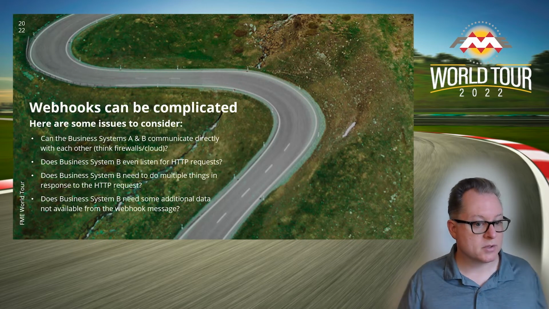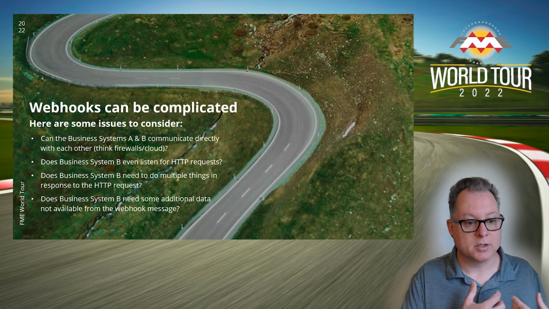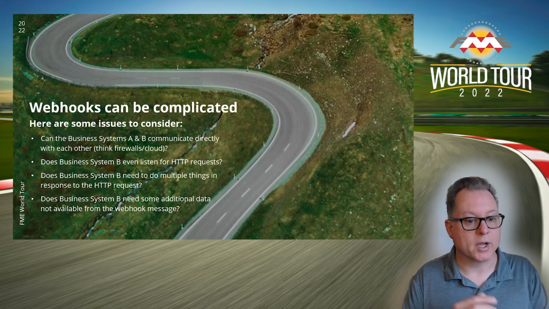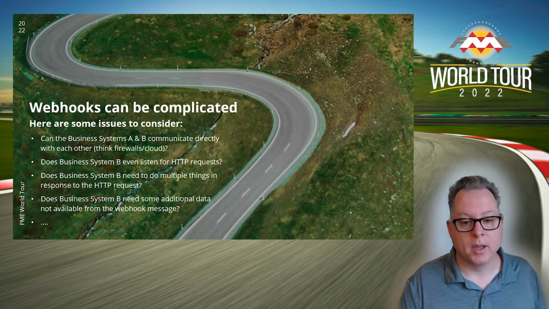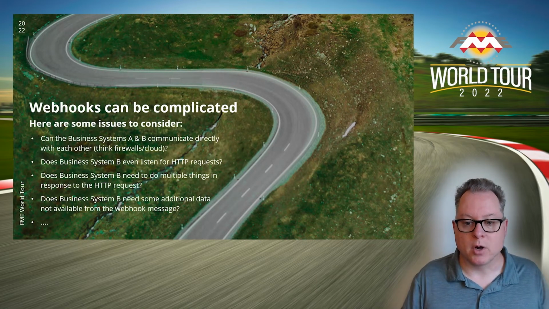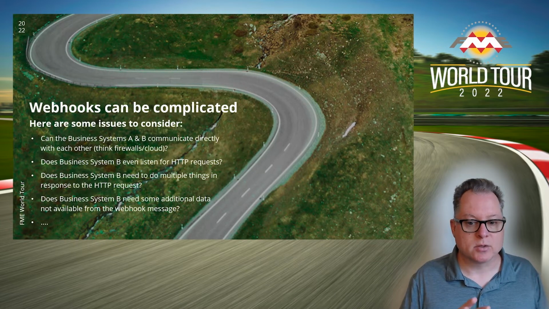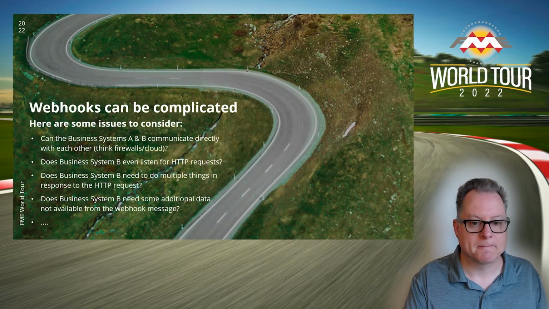Or maybe does business system B need more data from yet another system to combine with the webhook message before it can do something with it? And there are other issues as well. In the real world, these problems are often overcome by writing custom programs, which has short and long-term cost and schedule implications.